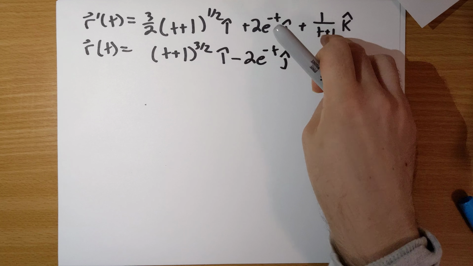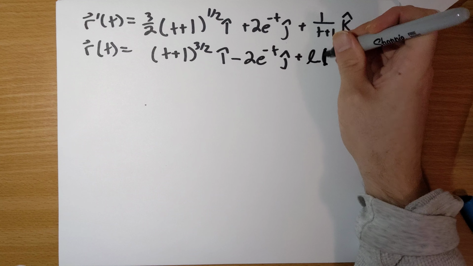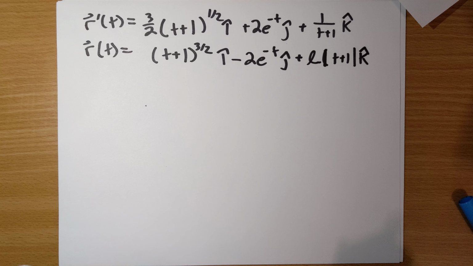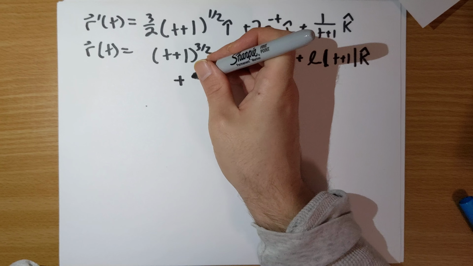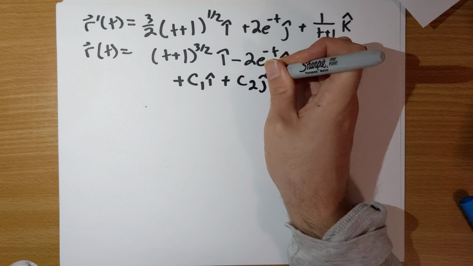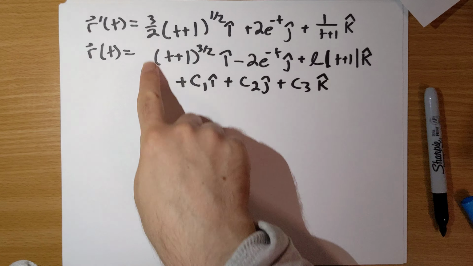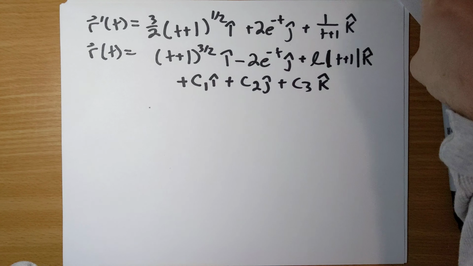And then the antiderivative of 1 over t plus 1 is natural log absolute value of t plus 1 times k hat. And then we want a generic antiderivative, so we need to tack on c1 I hat plus c2 j hat plus c3 k hat.